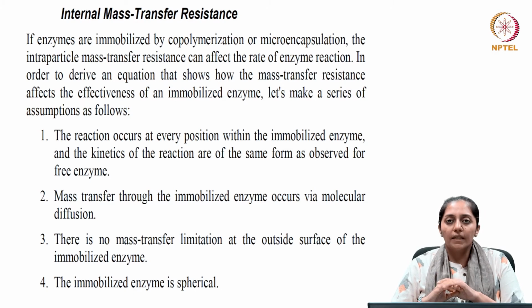So we are assuming that the mass transfer in this immobilized structure is only occurring through the molecular diffusion process. Third, there is no mass transfer limitation at the outside surface of the immobilized enzyme. And the fourth, for ease, we will assume that the immobilized particle is spherical in nature.